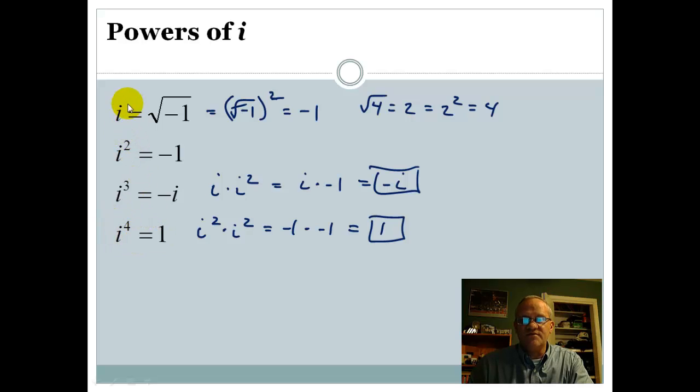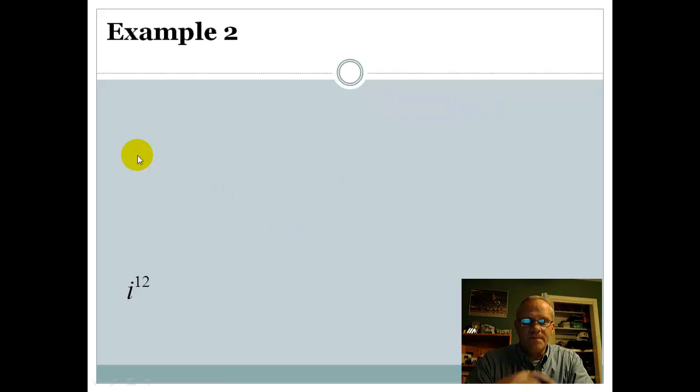And so i to the fifth is the same thing as i. And so we just start back over. So let's take a look at a few things here. How would we simplify i to the 12th?